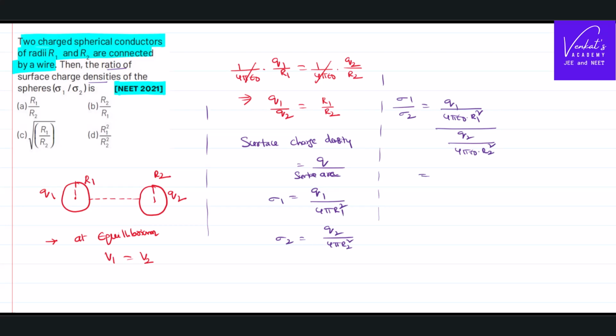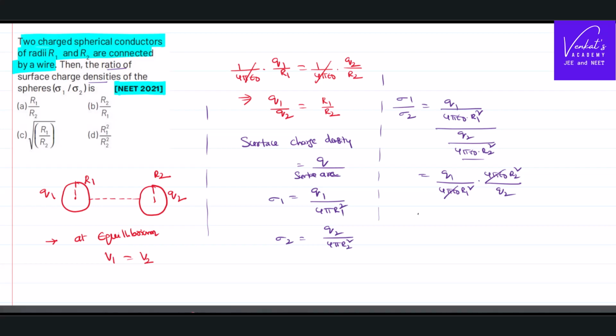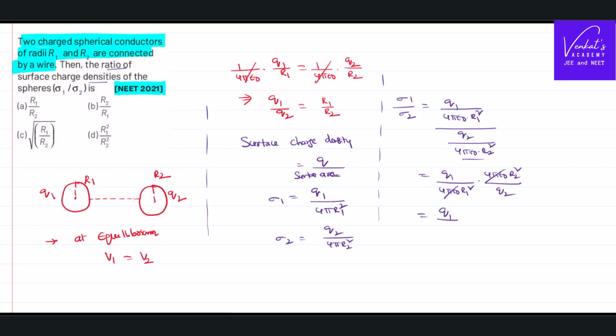If you rearrange the terms, the denominator of the denominator goes to the numerator, 4 pi epsilon naught R2 square by Q2. 4 pi epsilon naughts can be cancelled. So, this can be rewritten as Q1 by Q2 times R2 square by R1 square.